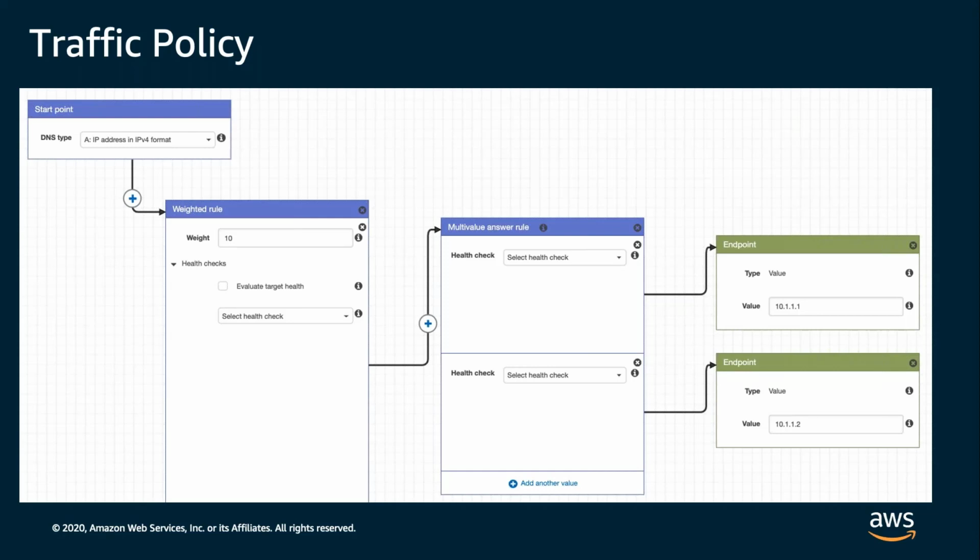From that weighted rule, we have a multi-value answer, and that multi-value answer has two endpoints. This can become a whole tree of fairly complicated logic to control how we route and resolve our DNS queries. It's a good way to get started and build out some advanced DNS routing through the GUI.